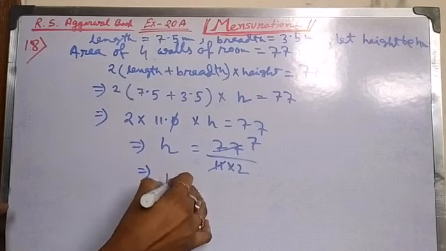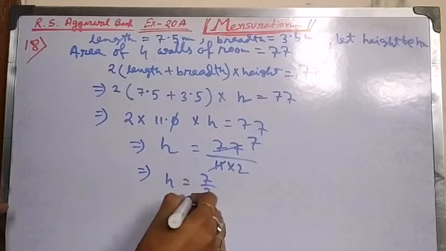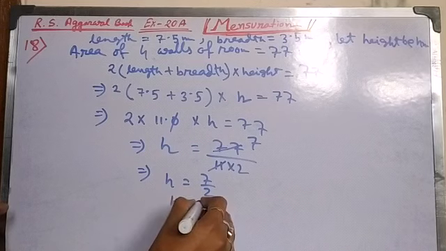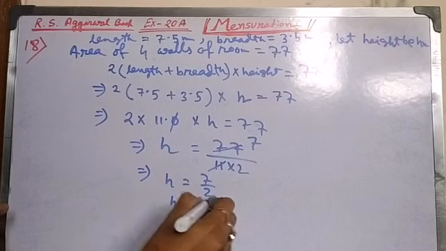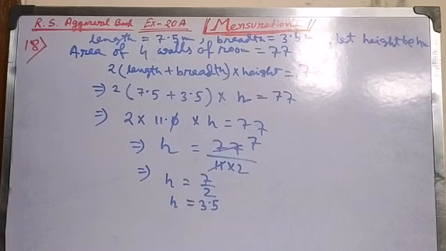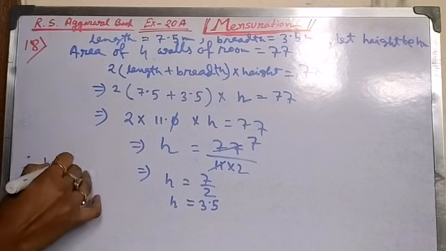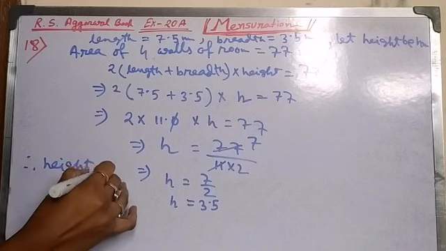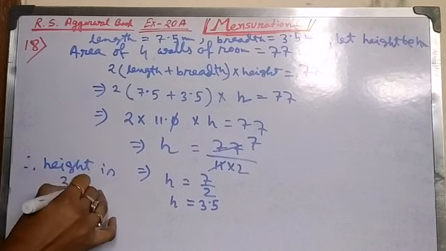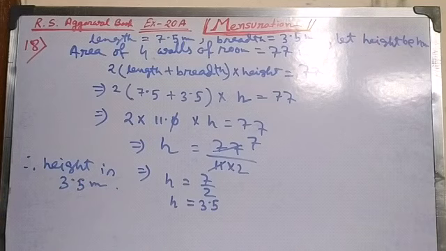So here h equal to 7 by 2, that means 3.5. So therefore height is 3.5 meter.